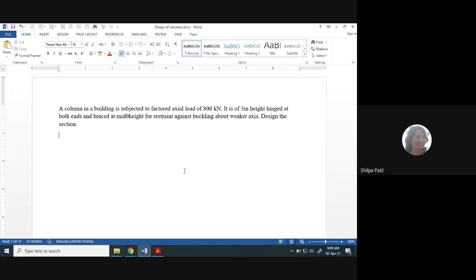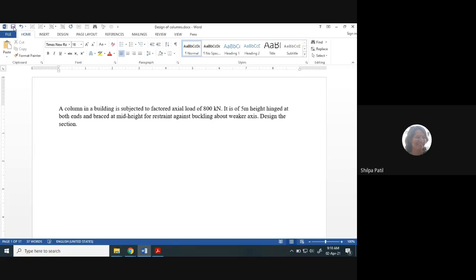Can you see the word file whatever I have presented here? Yes, ma'am. Okay. So this is the problem statement. I'm just reading it. A column in a building is subjected to a factored axial load of 800 kilonewton. It is of 5-meter height, hinged at both ends and braced at mid height for restraint against buckling about the weaker axis.